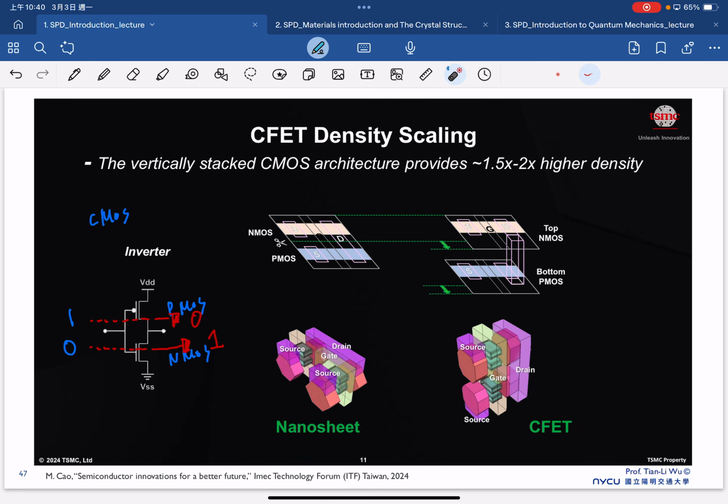Based on what TSMC says, the vertically stacked CMOS architecture provides around 1.5 up to 2 times higher density than the planar CMOS.